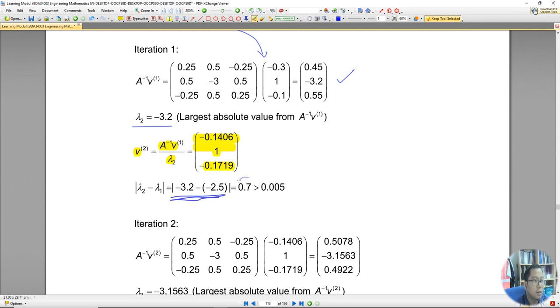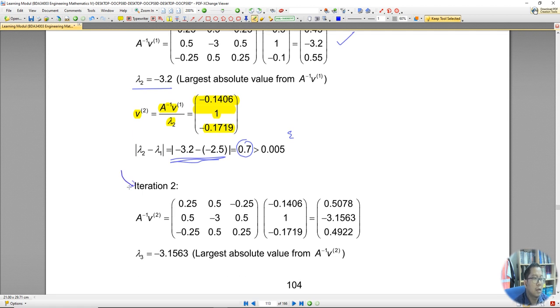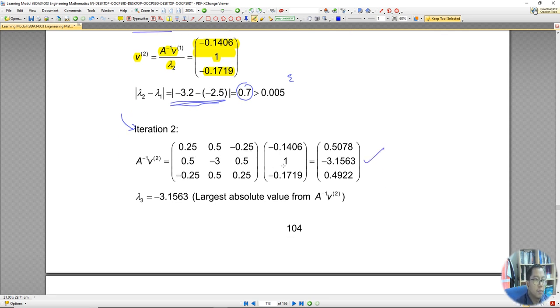From the calculation here, the current error value is 0.7, which is larger than 0.005, the error given in the question. So you have to proceed to the next iteration, the third one, until you get this number. Then from this number you have to identify which one.